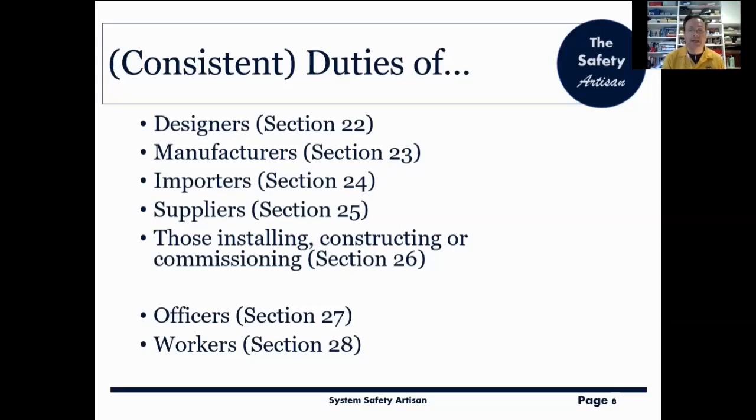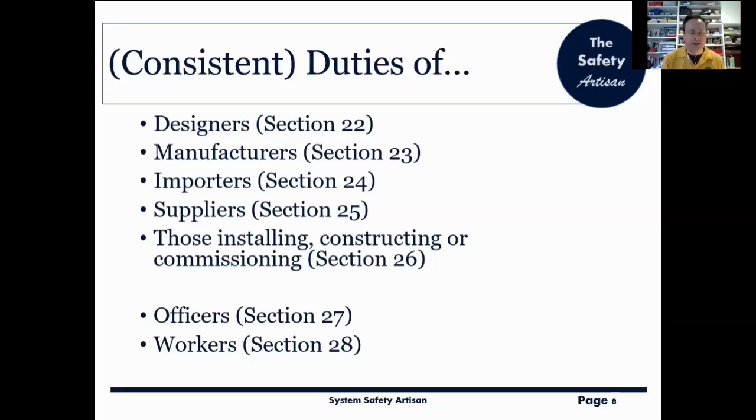And then in addition to that, if we looked in section 27, we would see that officers of the PCBU, so company directors and the like, people with major influence who are able to direct operations and that kind of thing. So senior management and directors of companies and the equivalent in the public sector have special requirements applying to them.